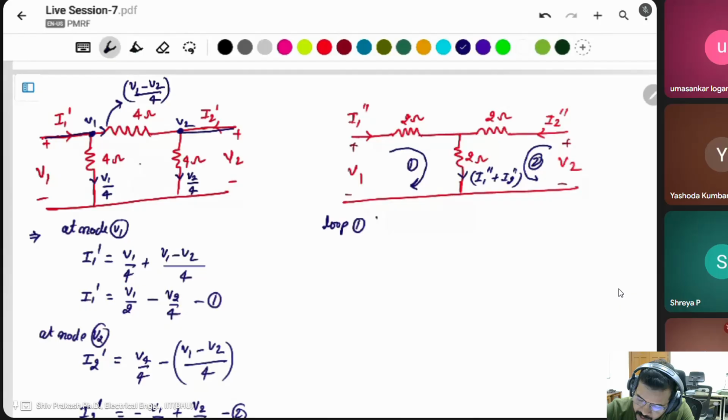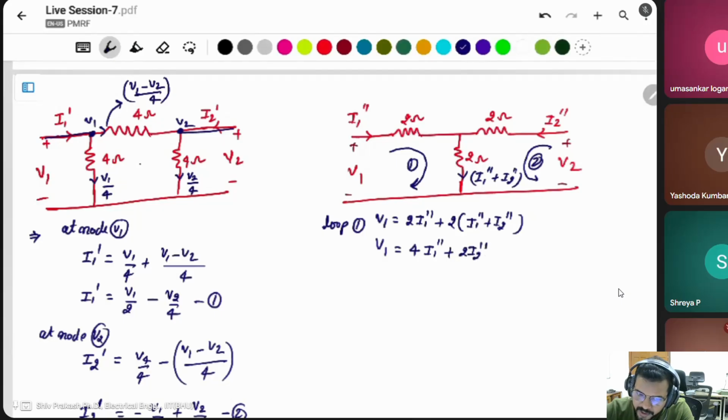What is V1? Voltage drop across the 2 ohm resistor is 2 I1 double dash plus these two resistors, I1 double dash plus I2 double dash. V1 is equal to 4 I1 double dash plus 2 I2 double dash.